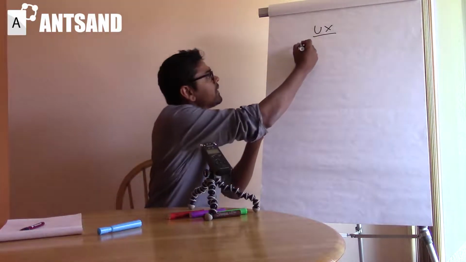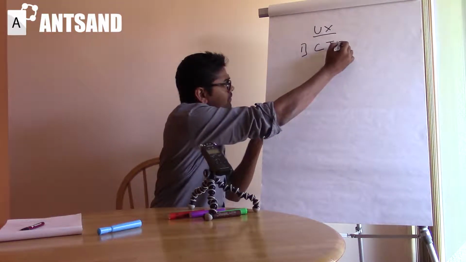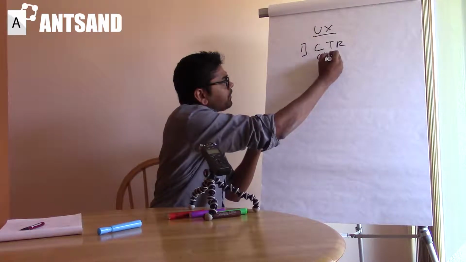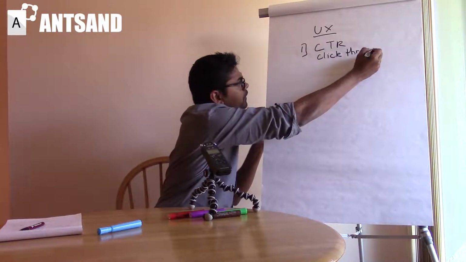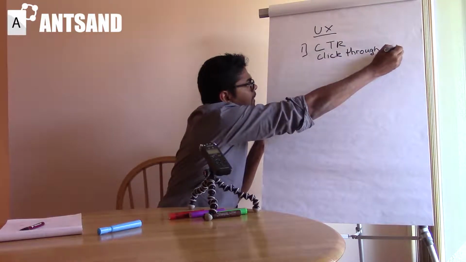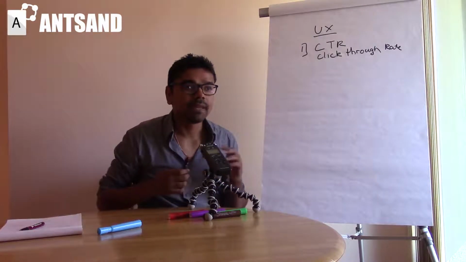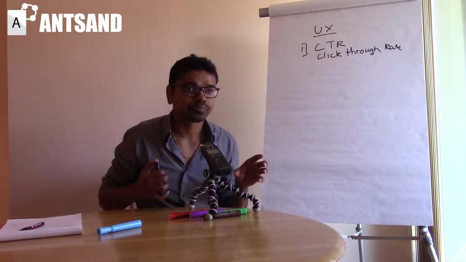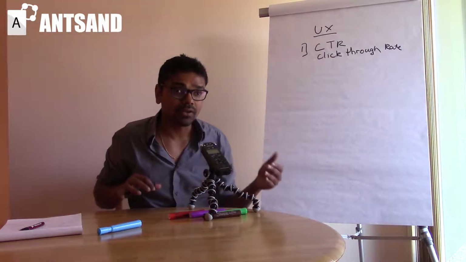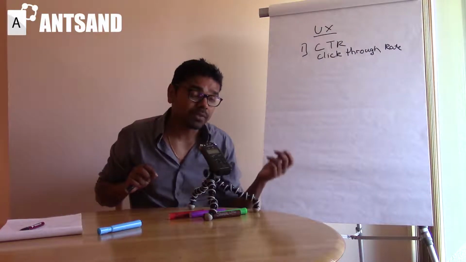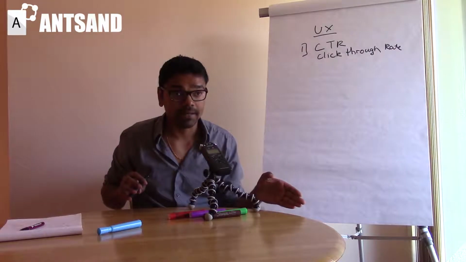So the first thing that Google monitors is something called click-through rate. Now, a click-through rate is basically, if a person was searching for a particular keyword, what are the chances they're going to click on your website?